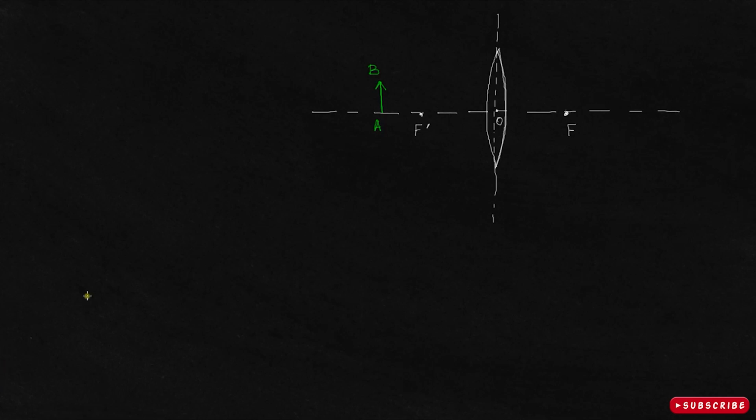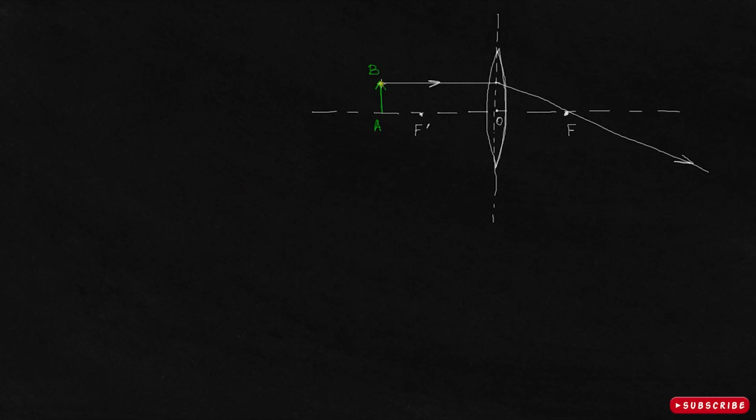we know by the rules of refraction through a lens, any ray which is passing parallel to the principal axis like this, after refraction passes through the principal focus.